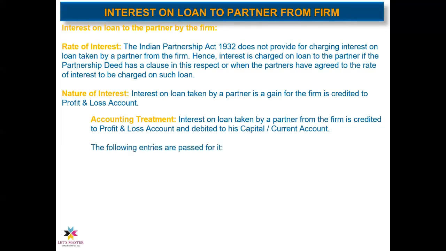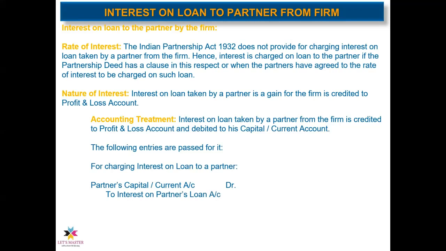For the accounting treatment, the following entries are passed. For charging interest on loan to the partner, partner's capital or current account would be debited and interest on partner's loan would be credited, because the interest on partner's loan would be an income for the partnership firm.